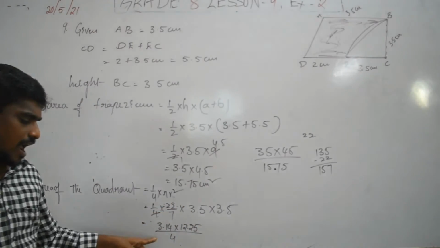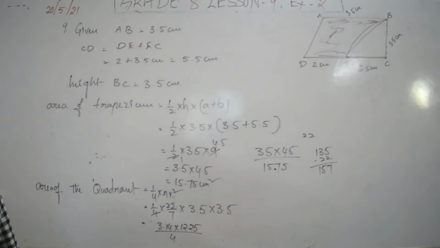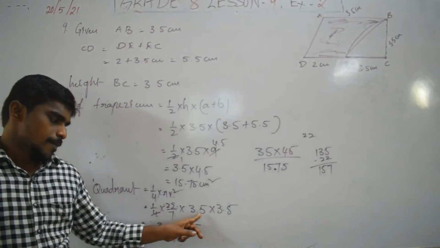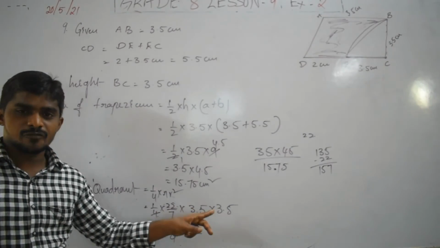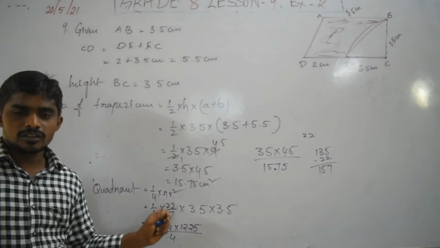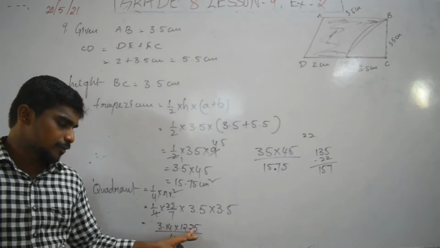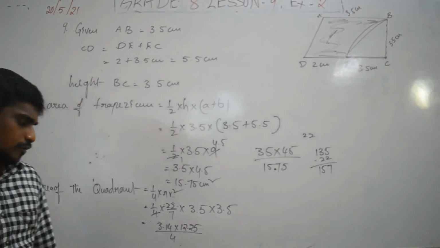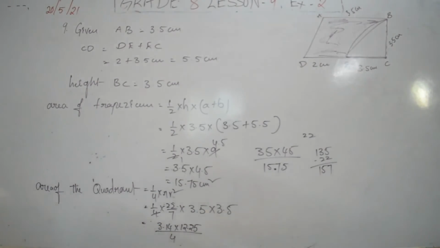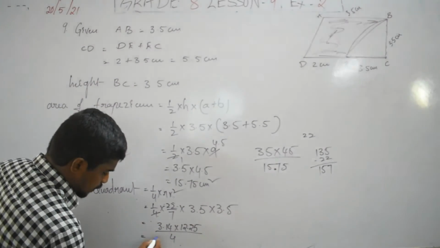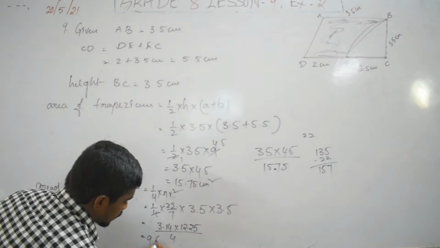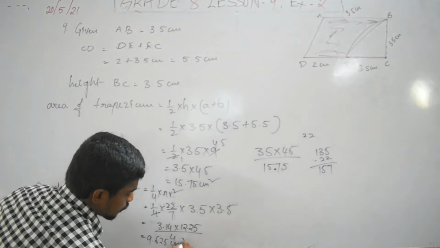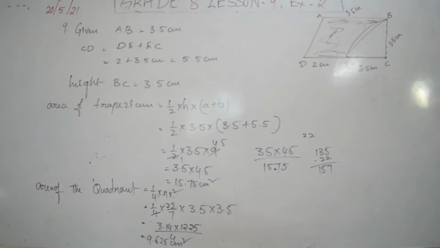Using the 22/7 value, ones places both are 5. So 12.25/4 and you multiply here. 9.625 is coming. 9.625.